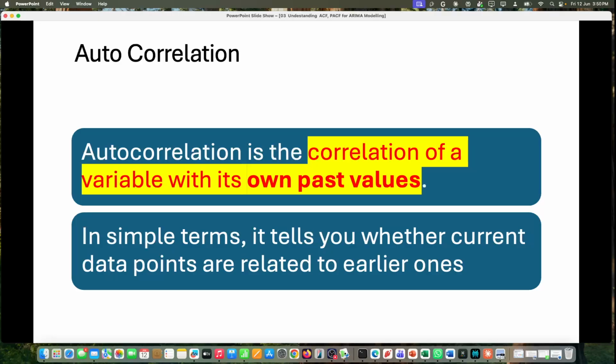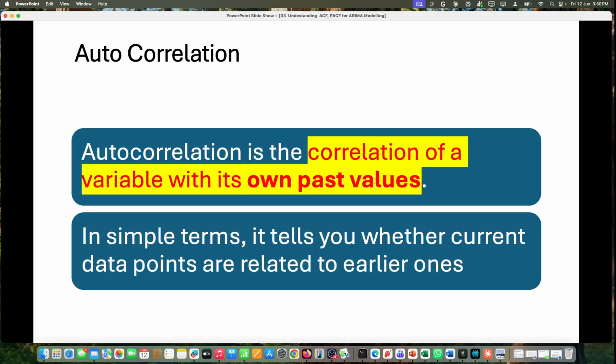Let's quickly look at autocorrelation. Autocorrelation is the correlation of a variable with its own past values. In simple terms, it tells you whether your current data points are related to the earlier data. Let's take an example: today's data against yesterday's value, so you take a lag value. In Excel we can easily do it.